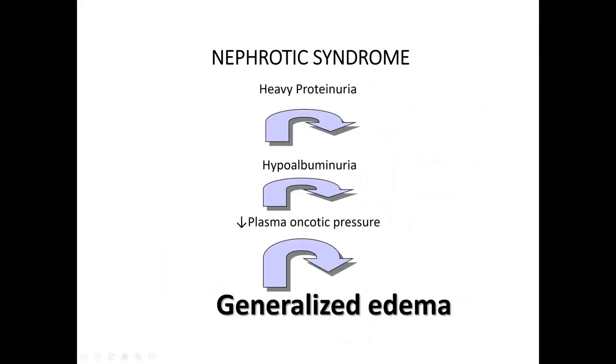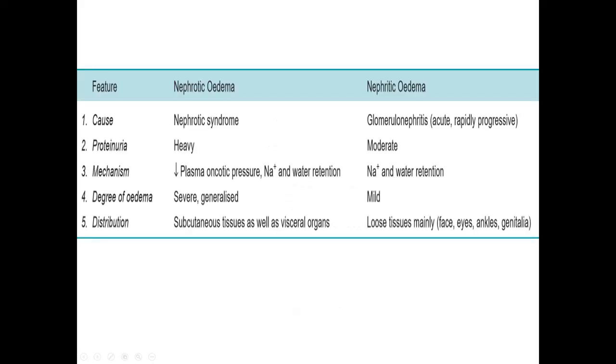Nephrotic syndrome leads to heavy proteinuria, leading to hypoalbuminemia, leading to decreased plasma oncotic pressure and generalized edema. Now this chart shows nephrotic edema and nephritic edema.